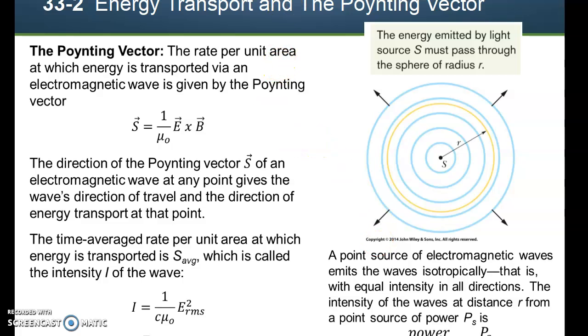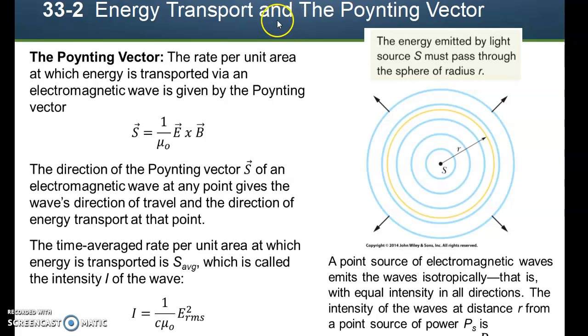Now, we have to adjust this again just a little bit. The energy transport and the Poynting vector. It's named for a fellow by the name of Poynting, not the usual type of thing where you have your finger stuck out. The Poynting vector is the rate per unit area at which energy is transported via electromagnetic wave.